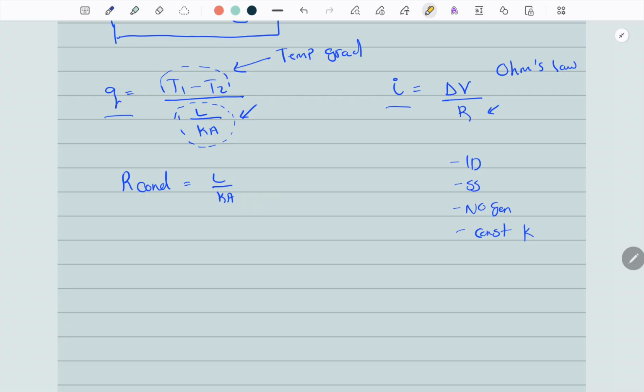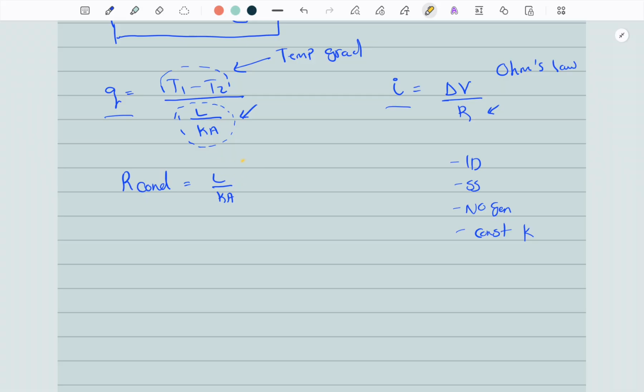If a wall's area is twice larger, the heat flow will be twice as big. And if you have a higher thermal conductivity, for example copper, the heat flow will be higher than with a lower thermal conductivity, such as that found in a concrete wall.